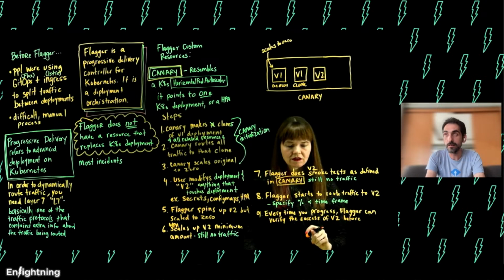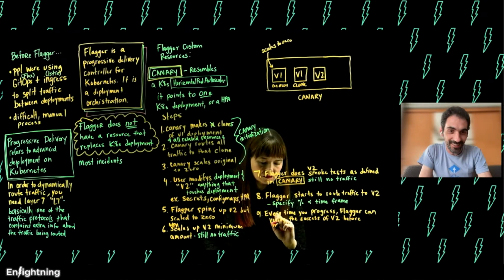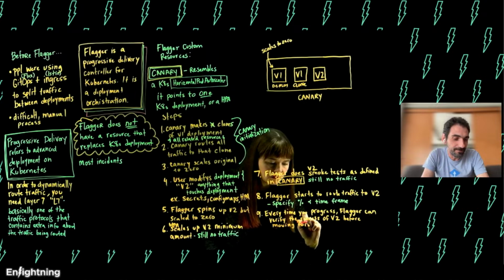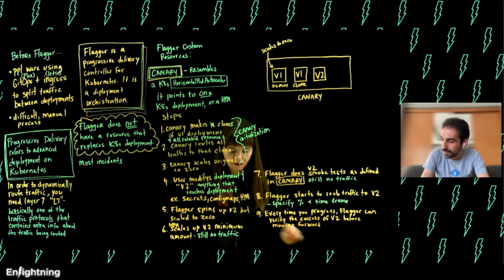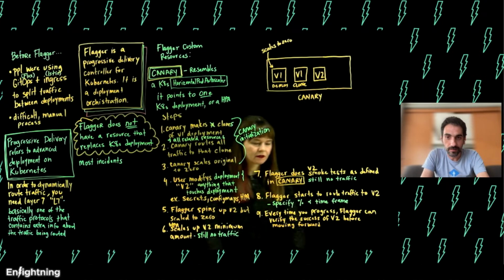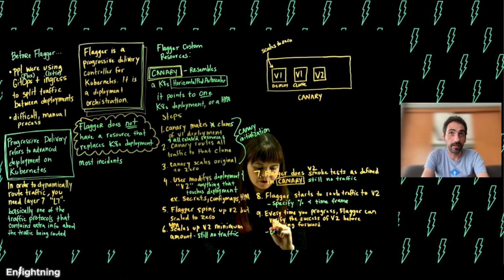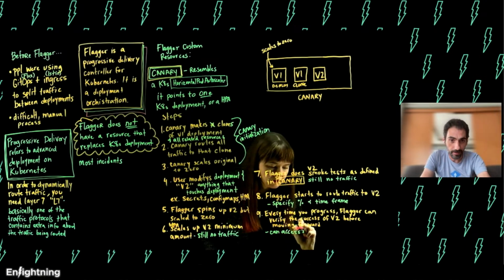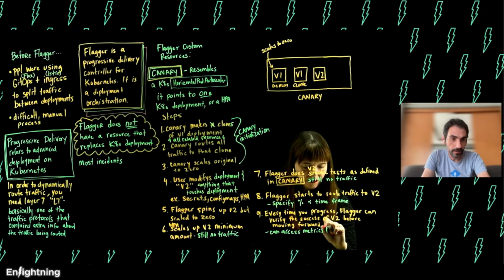But of course, these two metrics are the basics of what you can do with Flagger. You can also have custom metrics. There is a different custom resource that Flagger exposes that you can reference from your canary, and you can write your own Prometheus queries.